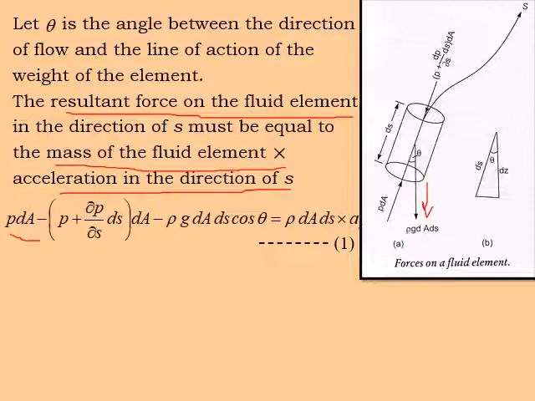This is the net force acting on the fluid element, and it is equal to the mass of the fluid element into acceleration. The mass of the fluid element is given by density into volume, where rho is the density of the fluid element and dS dA is the volume of the fluid element, into acceleration.